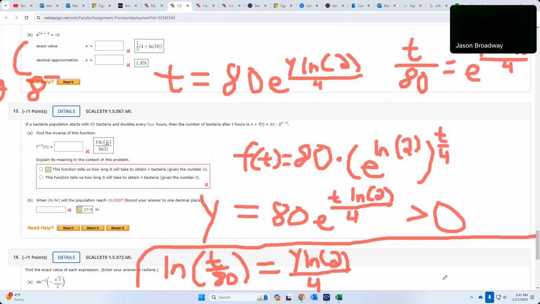But one last thing. So I'll have 4 ln of t over 80 inside the ln, then divide that whole thing by the ln of 2. That will equal y.